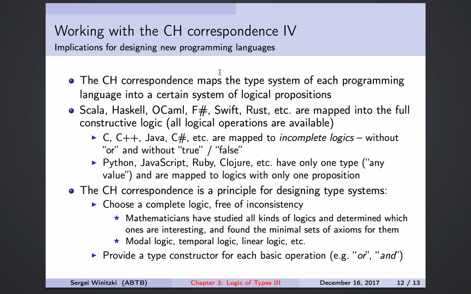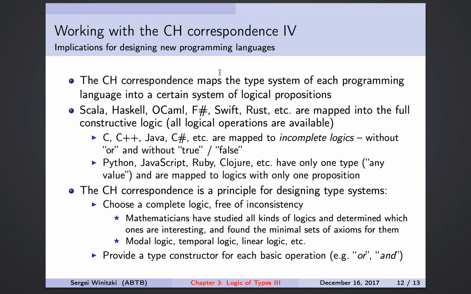If you have a logic that is limited, that cannot derive a lot of theorems, then you also cannot do a lot in your type system in your language. Another consequence is that if your logic is inconsistent, if it can derive a contradiction, then your program will crash. It means that you put some type into the wrong function and it will crash at runtime. Your compiler won't be able to catch it.